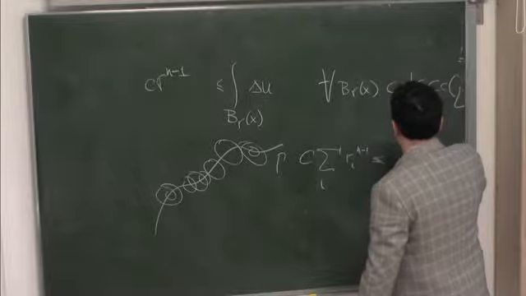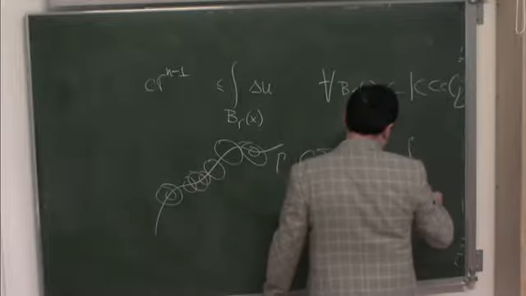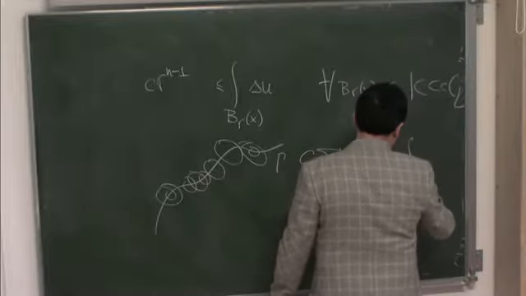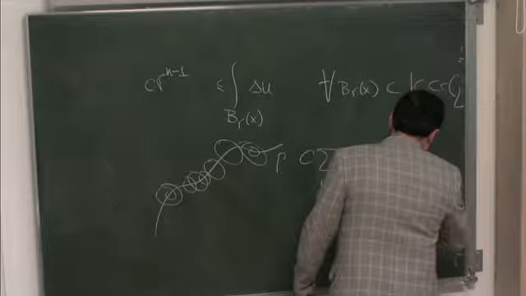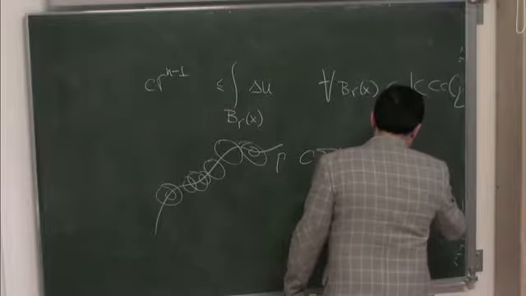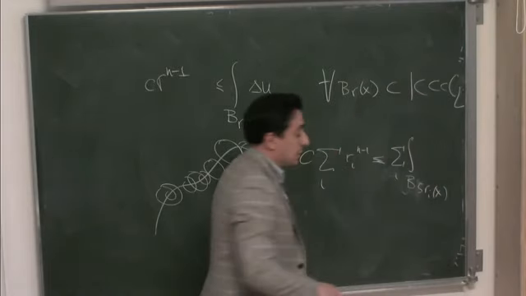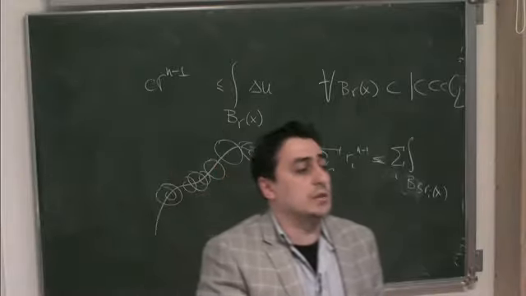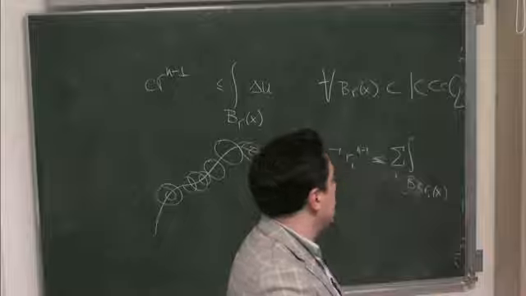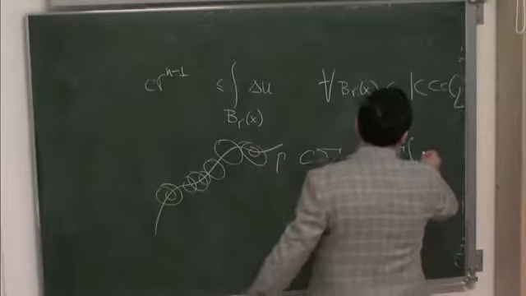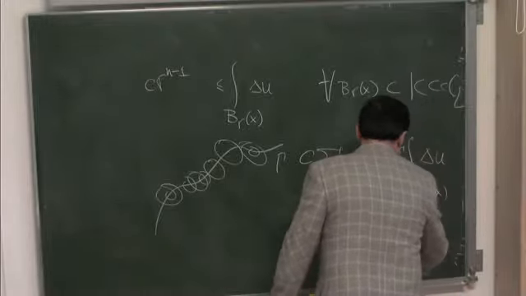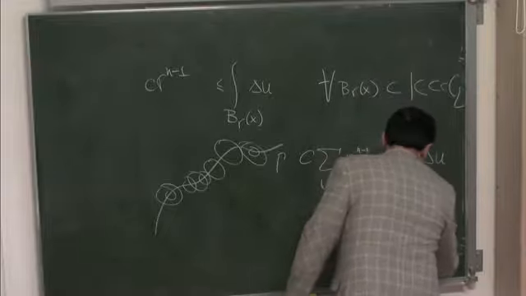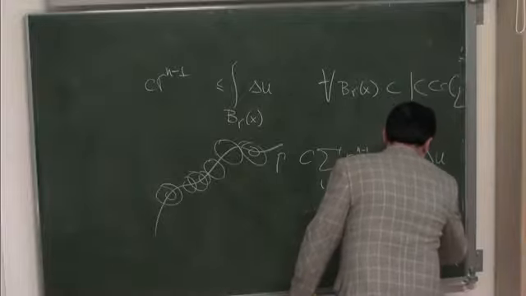So this is going to be some sum of slightly bigger balls, say B_(5r_i)(x_i), and you sum this up with respect to all i's, and then you can choose these balls in such a way that you have finitely many overlappings. And here you have the Laplacian of u, so this is going to be bounded by C, and then some k epsilon neighborhood of the Laplace of u, right?